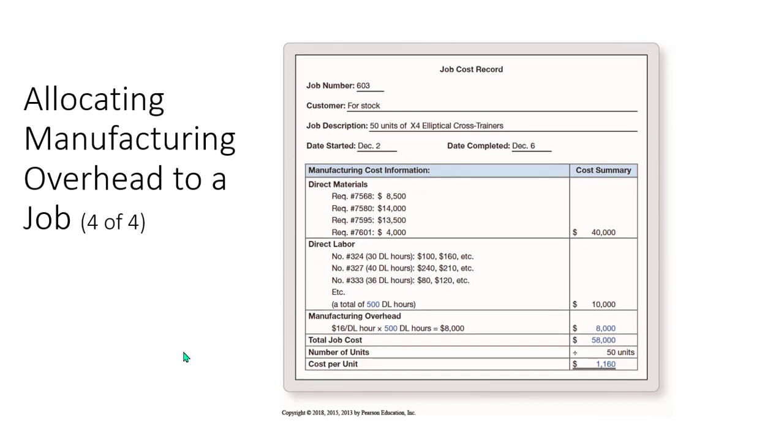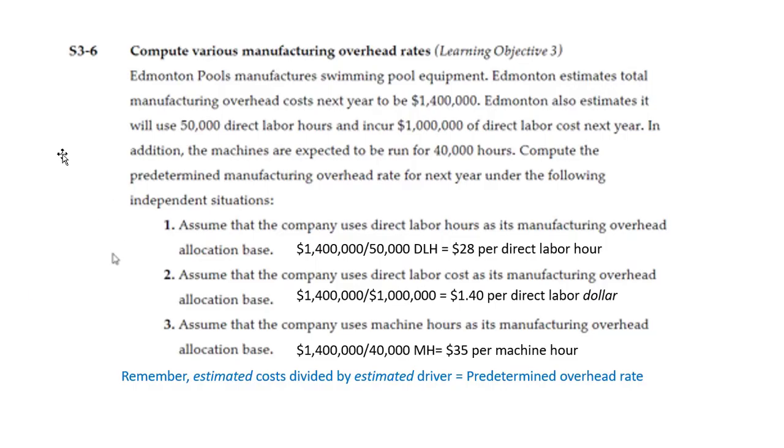One more. Here's computing various overhead rates. Edmonton Pools manufactures swimming pool equipment, and their total estimated overhead costs for next year are $1.4 million. They think they'll use 50,000 direct labor hours.